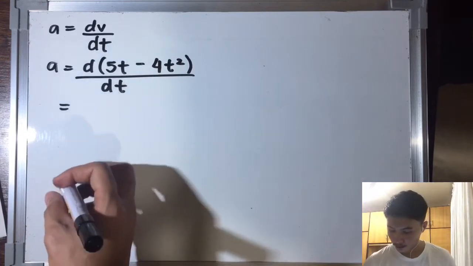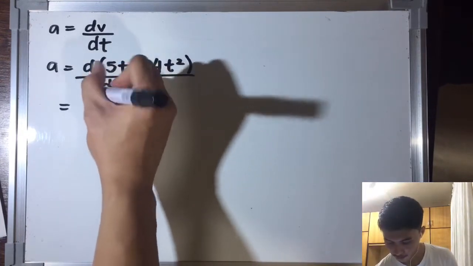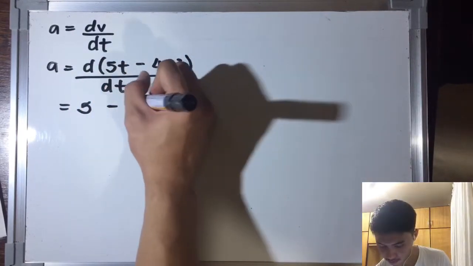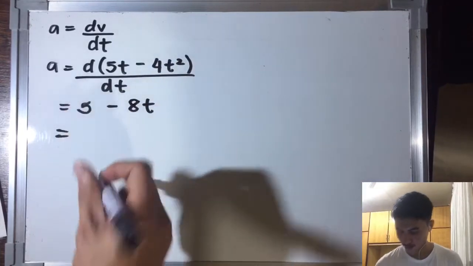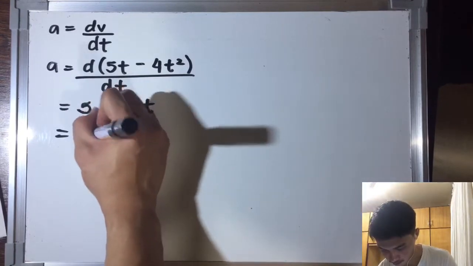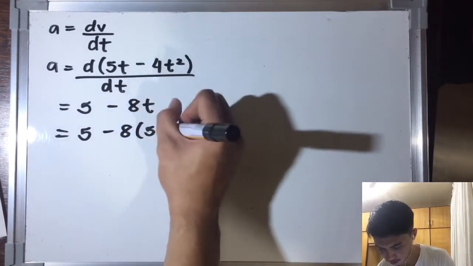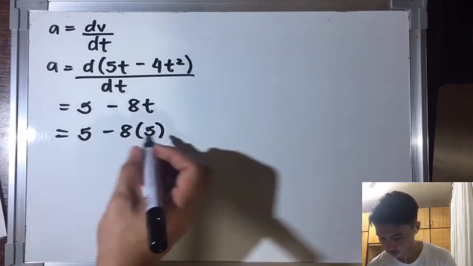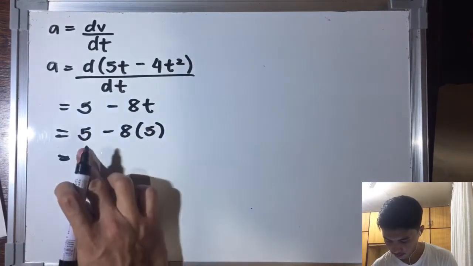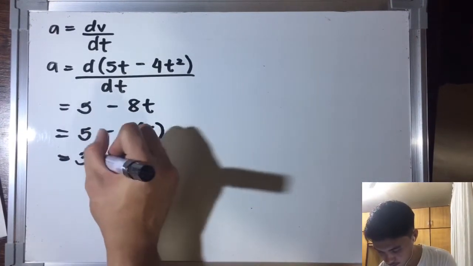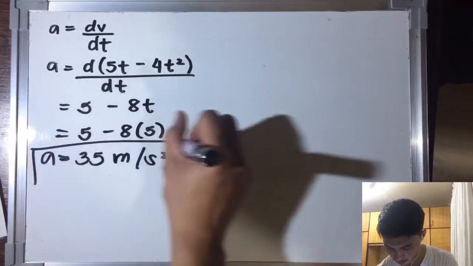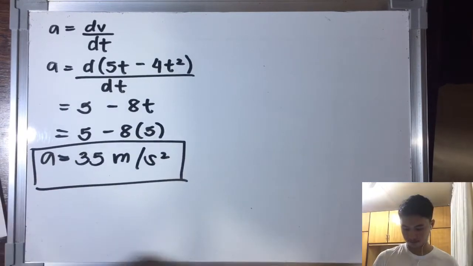The derivative of 5t will give us only 5, and the derivative of 4t squared will give us 8t. So we simply substitute the value of t, which is 5 seconds. So 5 minus 8 multiplied by 5. 8 times 5 is 40. 5 minus 40 is negative 35. So that will give us 35 meters per second squared. So this is our value for acceleration.